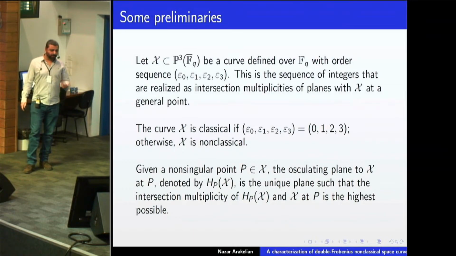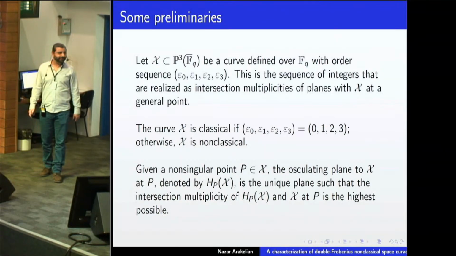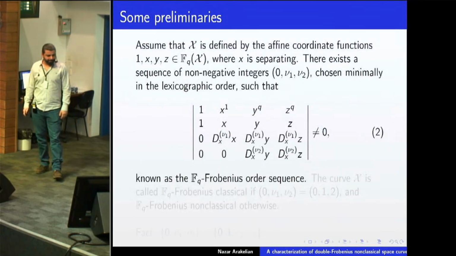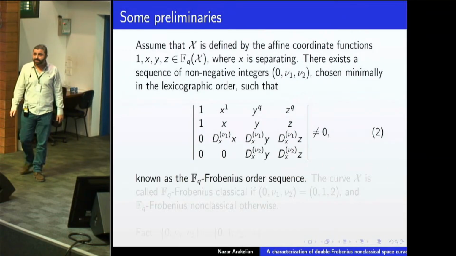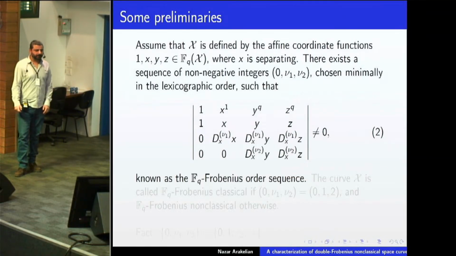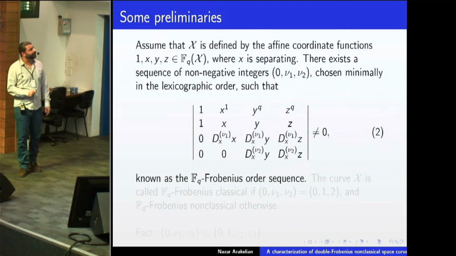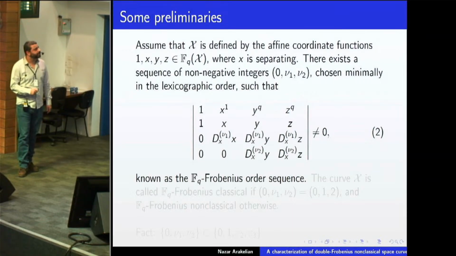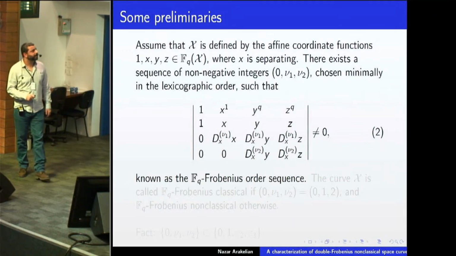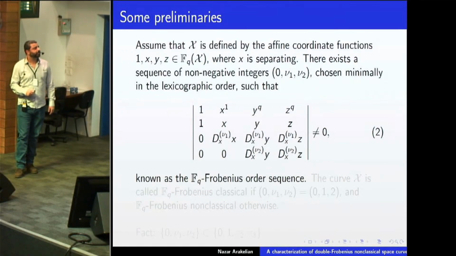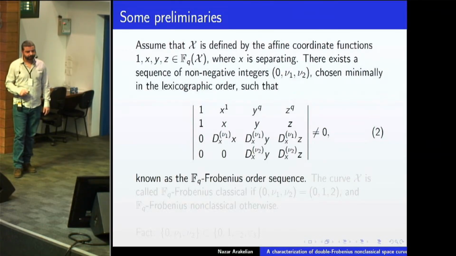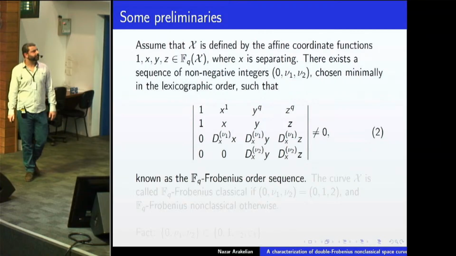Now our curve is defined over Fq, and this is the definition of Frobenius non-classicality or Frobenius classicality. Assume that your curve is defined by these affine coordinate functions, where x is a separating element. Then there exists a sequence of integers 0, ε1, ε2, such that this function is non-zero in the function field.